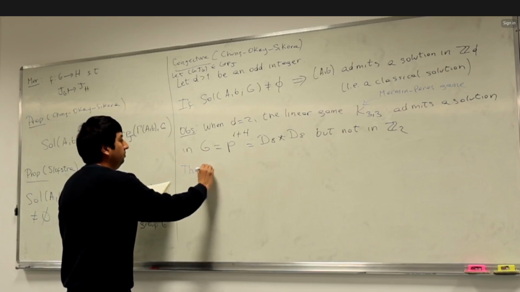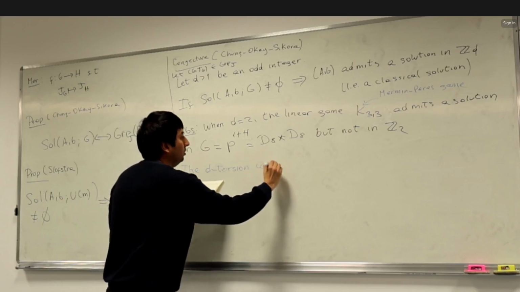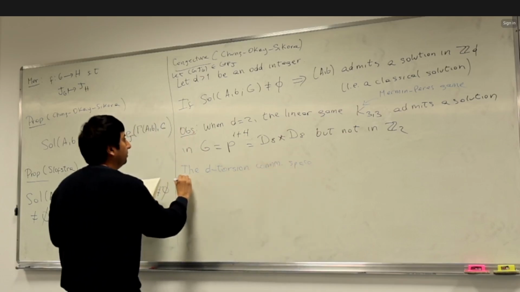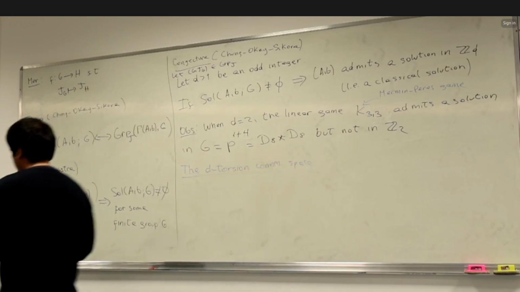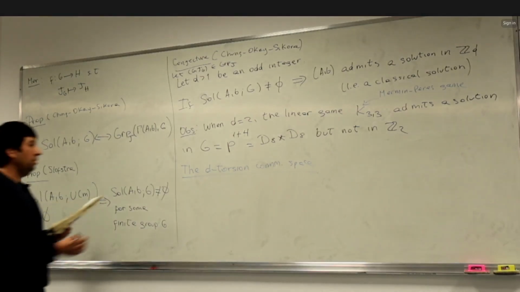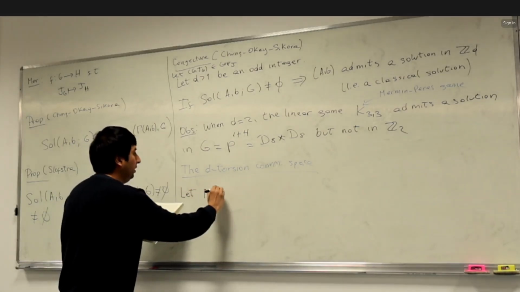Now, the d-torsion commutative space. Well, let's remember the following simplicial set.